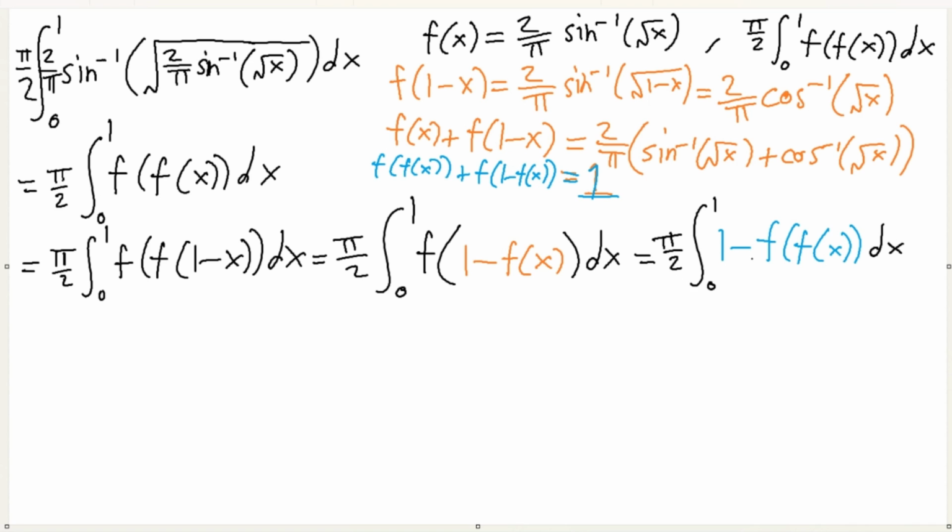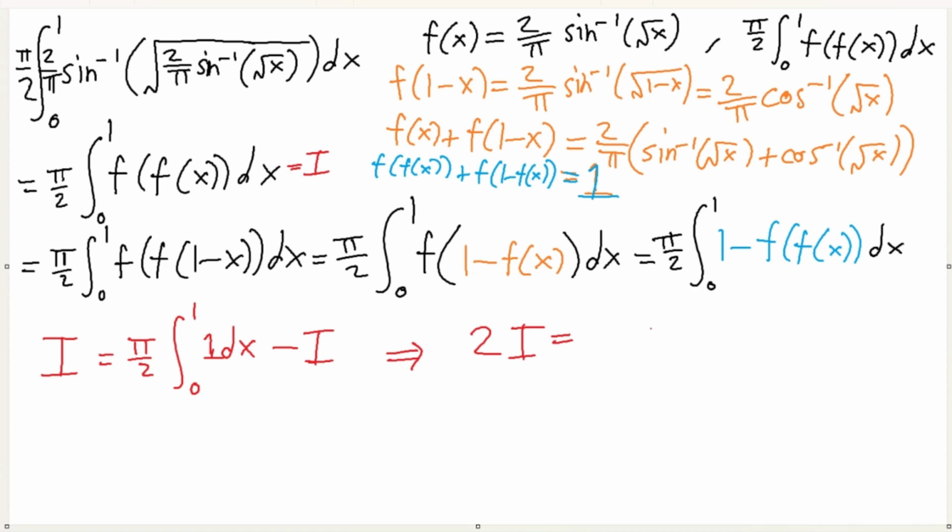Cool. And now what we have here is that this is equal to I, right? So now we have I equal to pi over 2 times the integral of 1 dx minus I. So now what we have here is 2I is equal to pi over 2. So what does this mean? This means that this whole integral here is equal to pi over 4.